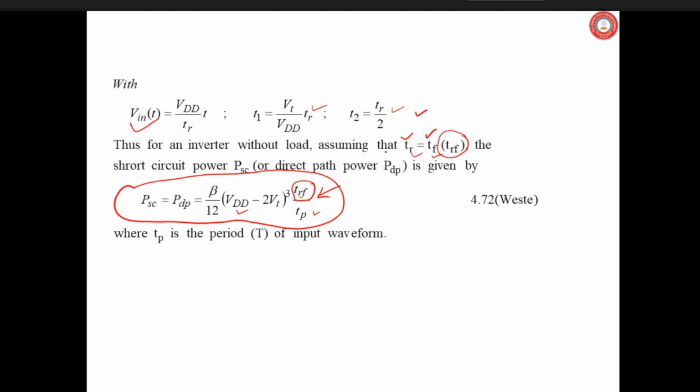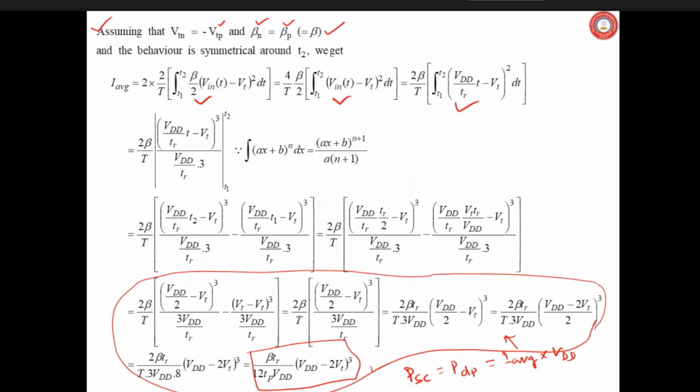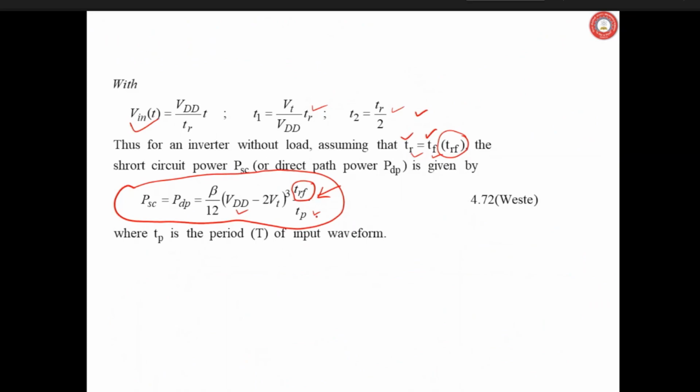If you consider both same, rise time and fall time, if this TR is equals to TF of the input waveform, then we write instead of TR or TF, TF, and we get this as PSC equals to beta by 12 into VDD minus 2 VT whole cube TR or TF divided by TP. This TP is period, period of the waveform.